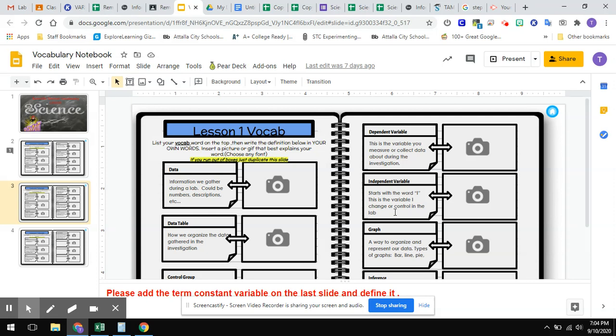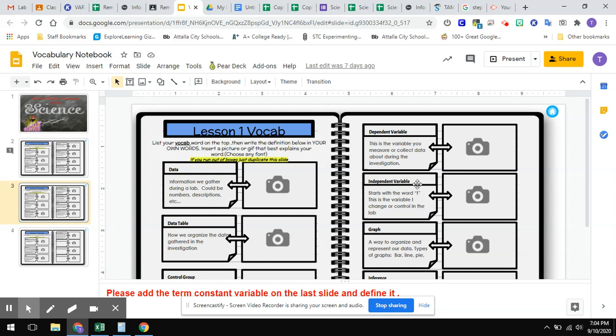Which one of those could I manipulate? I could manipulate the amount of sunlight that the plant is going to receive. I can't just stand there and make that plant grow. Okay, that's not something I can do. So the independent variable in that scenario would be the amount of sunlight.